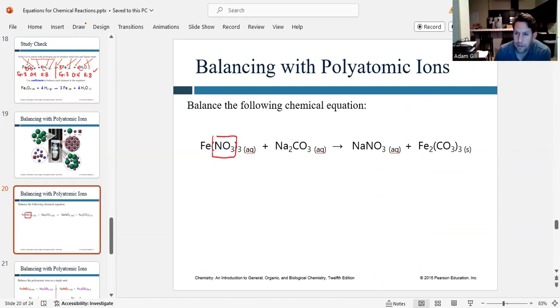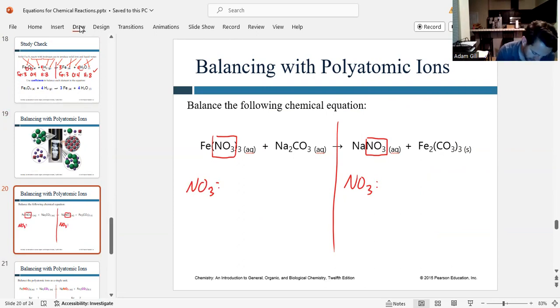We have NO3 on the left side, and then on the right side, we still have NO3. NO3 is a polyatomic ion, it's nitrate. If your polyatomic ion doesn't break apart, just treat it like one whole thing. So when we're balancing, I'm just going to look at NO3 as a unit.